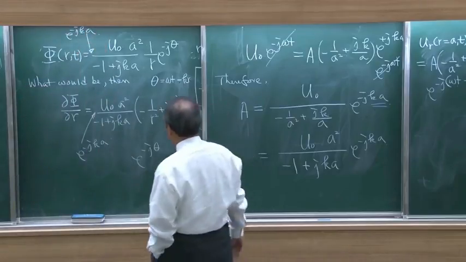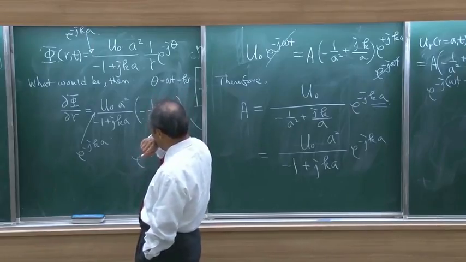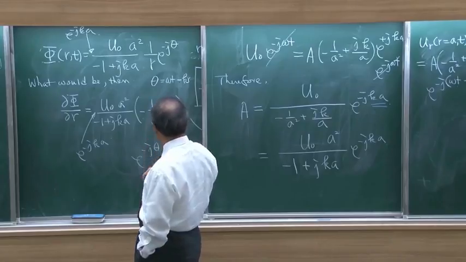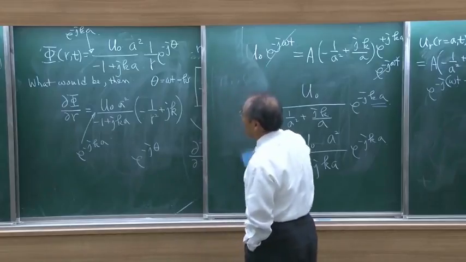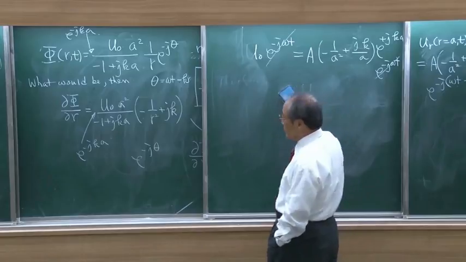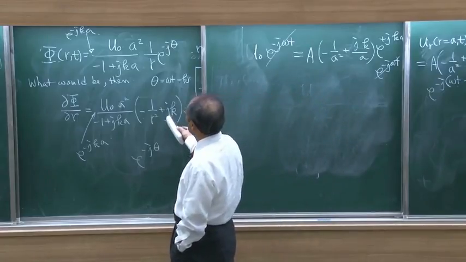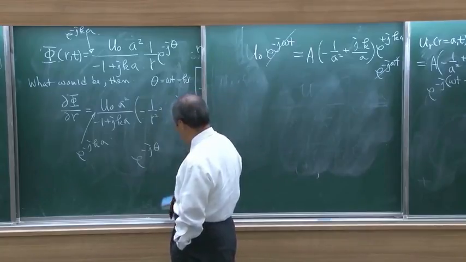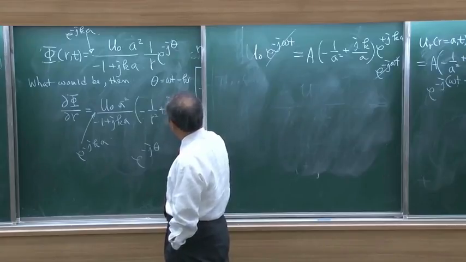Okay, now this is the velocity in r direction. Plus jk r.